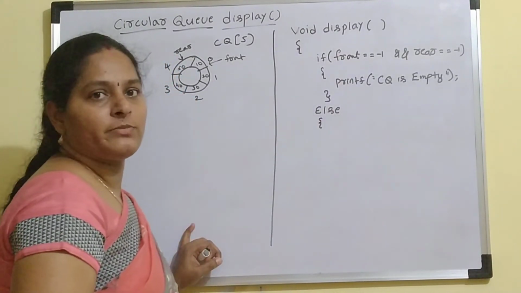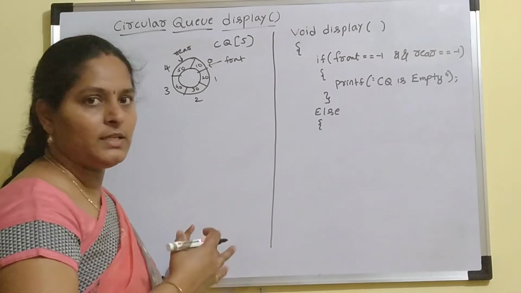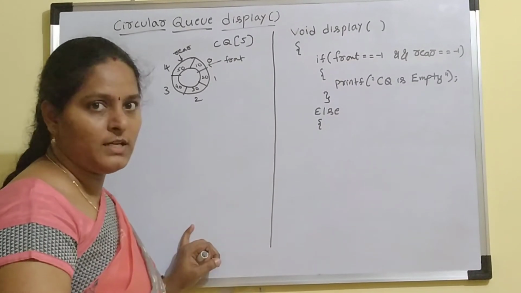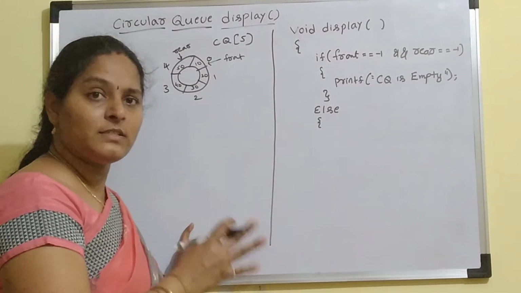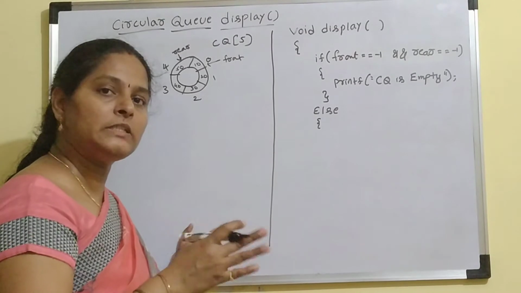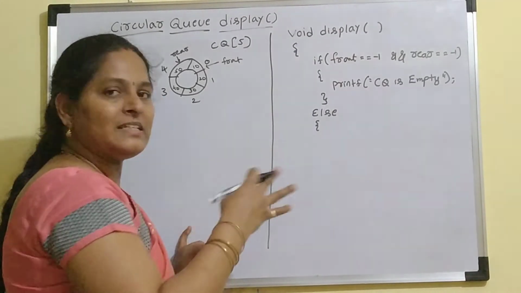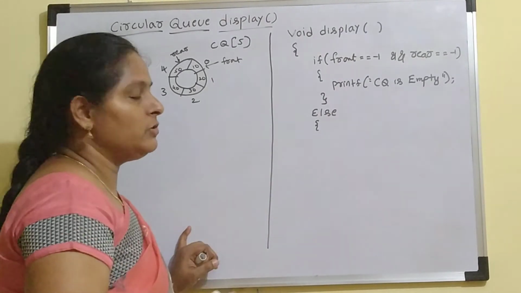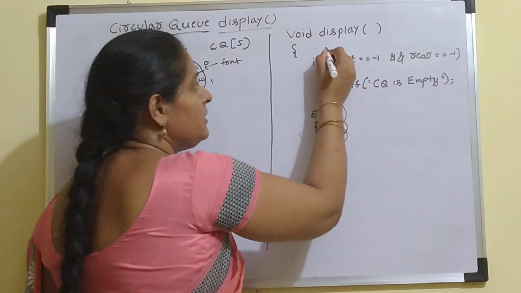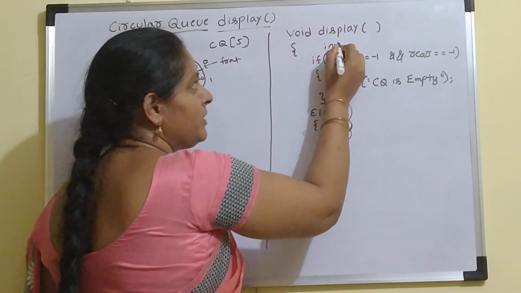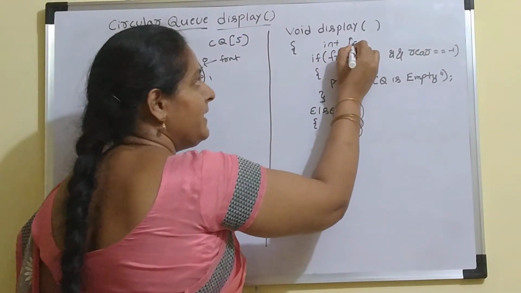See the else condition. Here I can use a while loop for printing all the elements, or a do-while, or we can also use a for loop. In the previous videos, for the linear queue, we used a for loop for printing all the elements of the queue. We will try another loop, so now I will use a while loop. Before writing the condition, first I need one variable for moving from one position to another, so here I am taking the variable i.